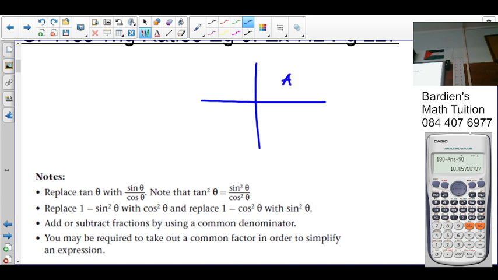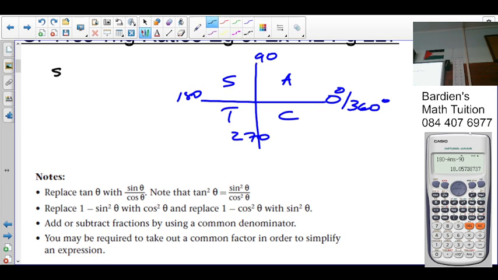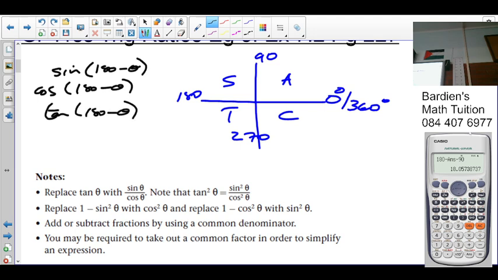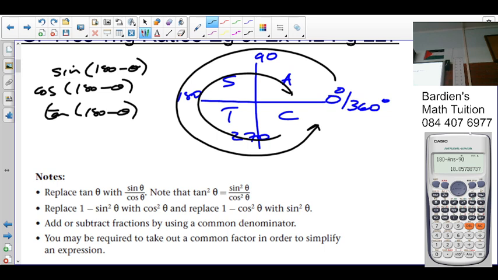We looked at the cost diagram, so it's all stations to Claremont diagram. That's 90, 180, 270 and 360. At this point we determined sine of 180 minus theta, cos of 180 minus theta and tan of 180 minus theta. Remember, in this direction we were adding all the time, and in the reverse we will be subtracting.